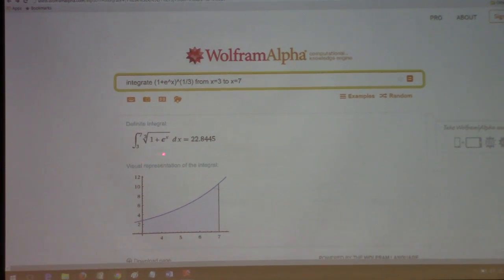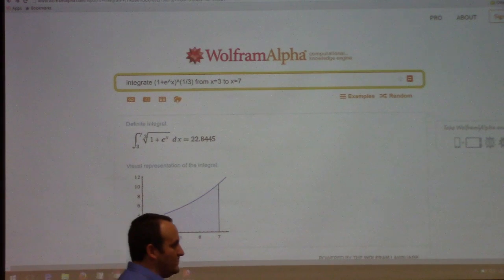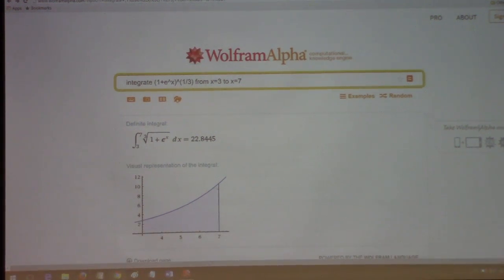All right, so the cube root of 1 plus e to the x dx. The question is, where on earth does this number come from? I'm relatively certain there's a black box there, but it's probably got Simpson's Rule in it. Part of the reason we're doing this is we don't want to just black box things. We actually want to see how things go.